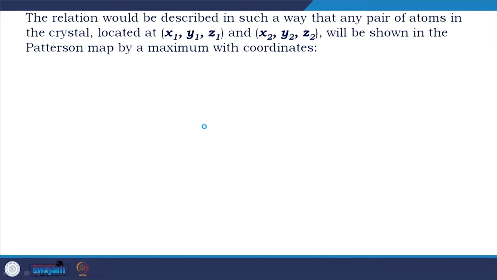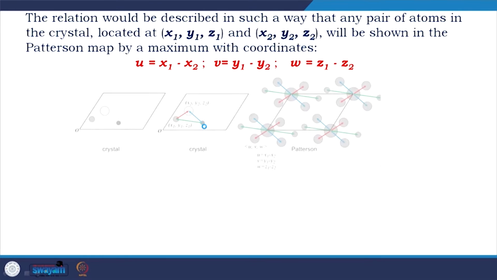Any pair of atoms in the crystal located at x1, y1, z1 and x2, y2, z2 will be shown in the Patterson map by a maximum with coordinates u = x1 − x2, v = y1 − y2, w = z1 − z2.